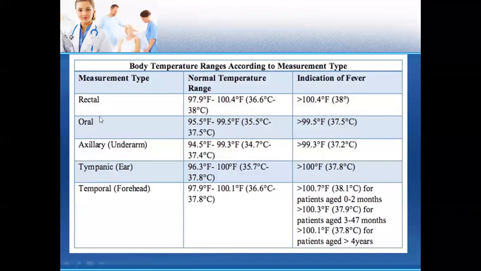If you take the oral temperature, normally it is 35.5 Celsius to 37.5 Celsius. And some books say it is 36.5 to 38.5. Okay, so that is the oral temperature.